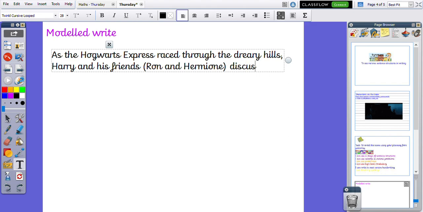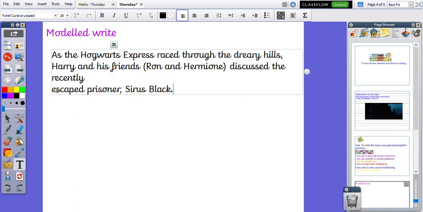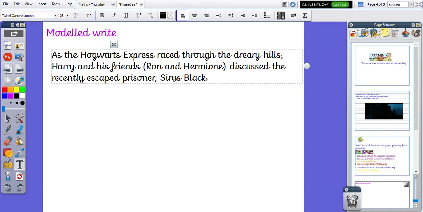Discussed the recently escaped prisoner, Sirius Black. Okay, and we find out a bit more about Sirius Black as the story goes on. Okay, and you can also see I have used some parentheses there as well using a comma.